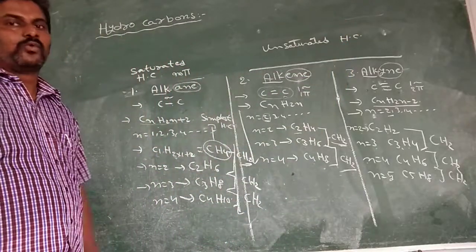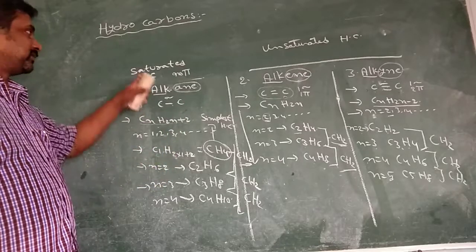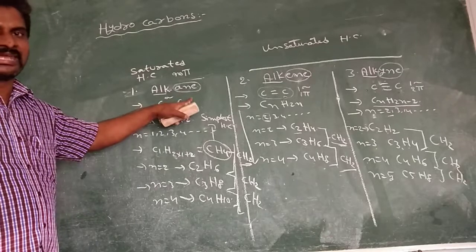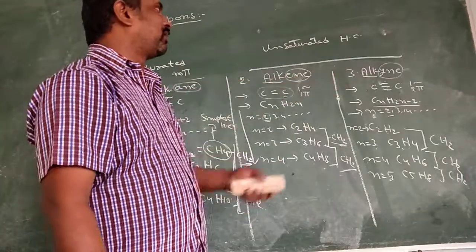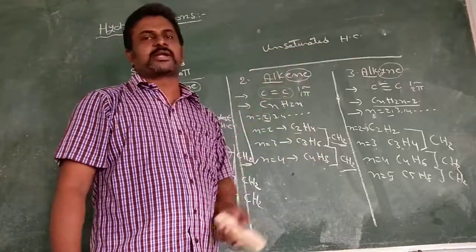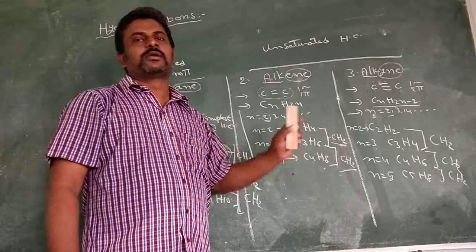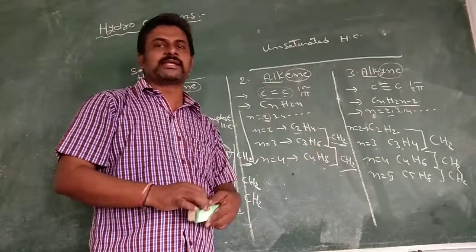Saturated means only sigma bonds are present between carbons. Example: alkanes. Alkenes and alkynes are collectively called unsaturated hydrocarbons because pi bonds are present in them. So these are the hydrocarbons and their classification.